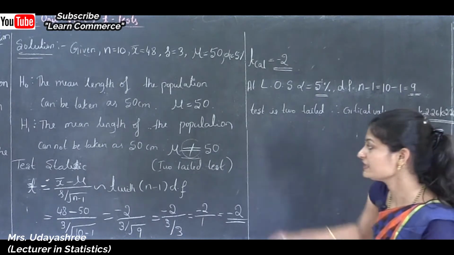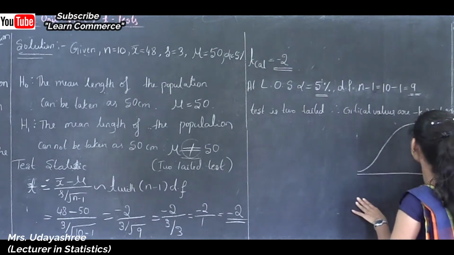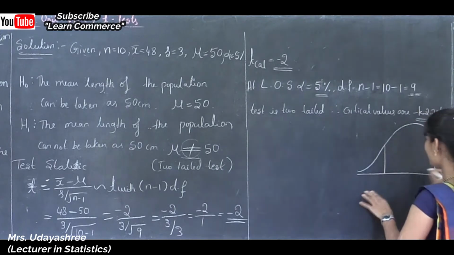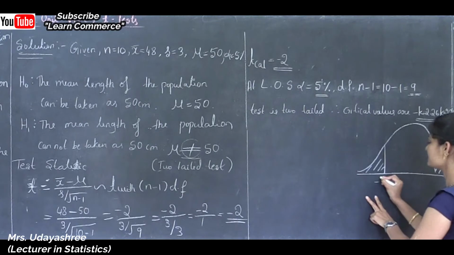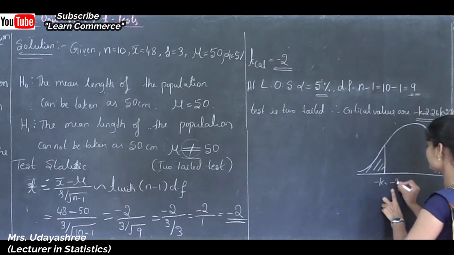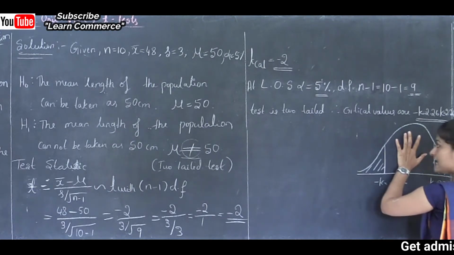If it is a two-tailed test, the rejection region is located at both tails of the probability curve. This is one rejection region and this is another rejection region. This is minus k, that is minus 2.26, and this is plus k, that is 2.26, and this is the acceptance region.